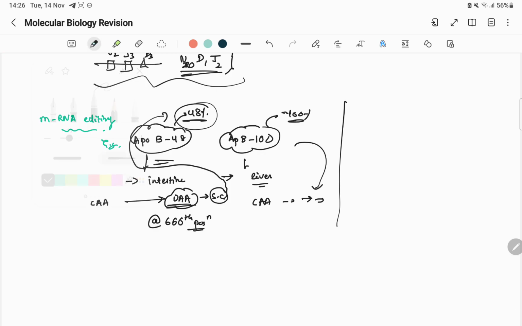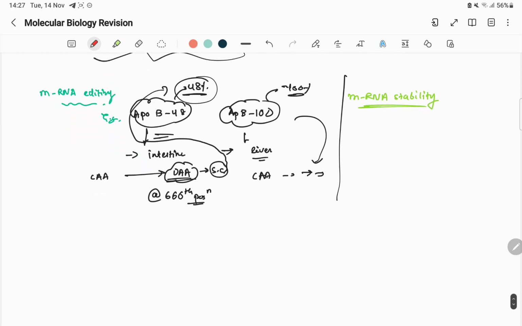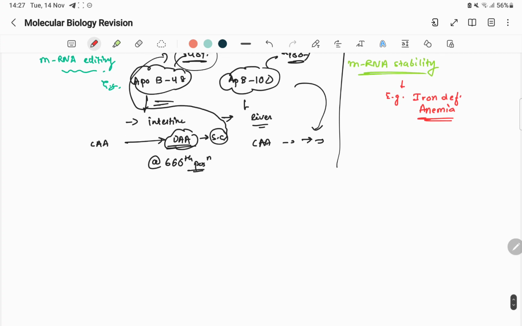Talking about mRNA stability is yet another phenomenon. For example, in iron deficiency anemia, this is the 5' end and this is the 3' end.